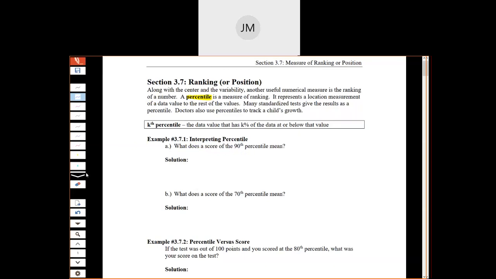A score in the 90th percentile means that your score is at or above 90% of the other scores. So 90% of all the scores are at or below the score. Or another way to think about that is a person did the same as or better than 90% of the other test takers.